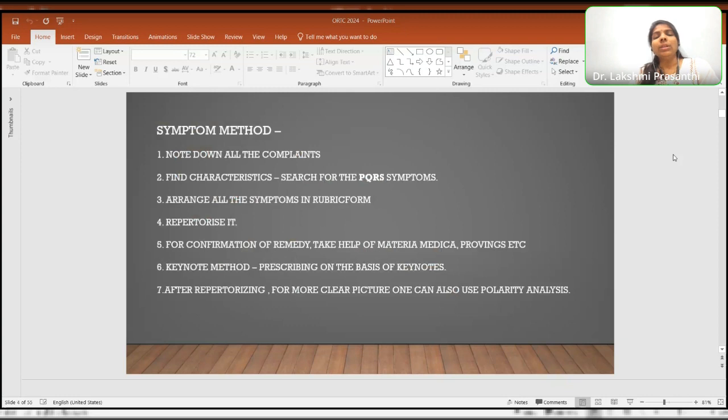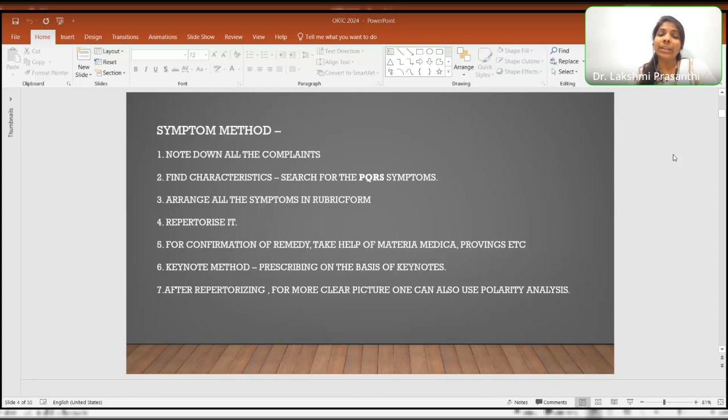The symptom method is basically noting down all the complaints given by the patient and further finding out all the characteristics, like searching for the peculiar, queer, rare, and strange symptoms, to find out the common and the uncommon symptoms. Further, arrange all the symptoms in rubric form and find the appropriate repertory to repertorize the case. If you have a lot of general symptoms, you can use the BTPP.